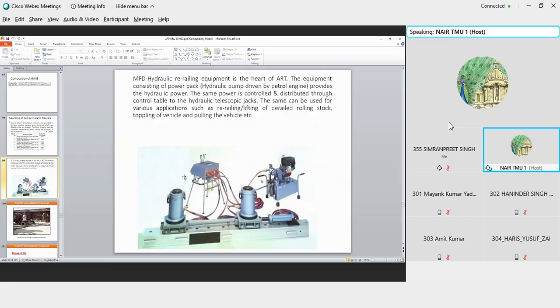Now, this is called the MFD or the hydraulic derailing equipment. This is a very, very simple equipment which is available in the accident relief trains. There is a control jack which is provided. There is a control stand which is provided, and this control stand has 4 levers in it.